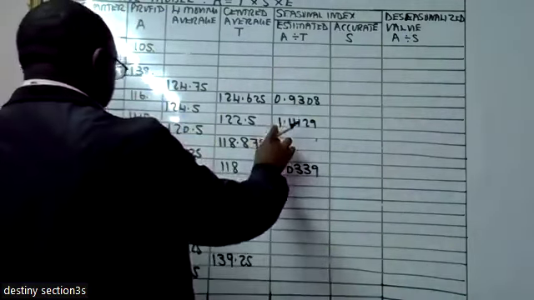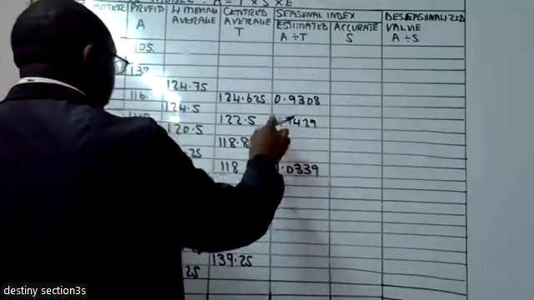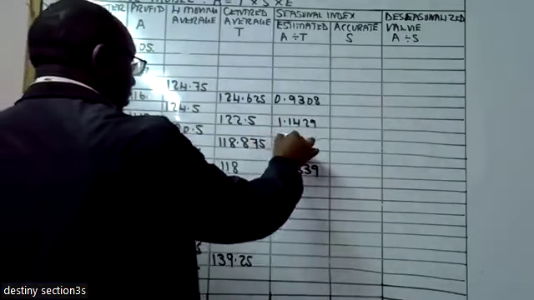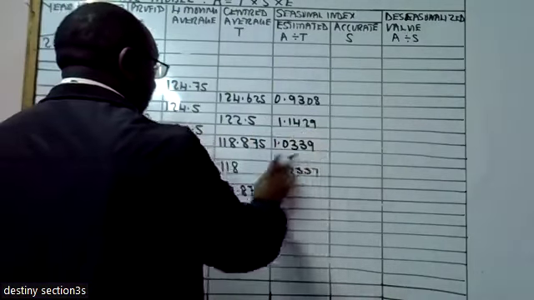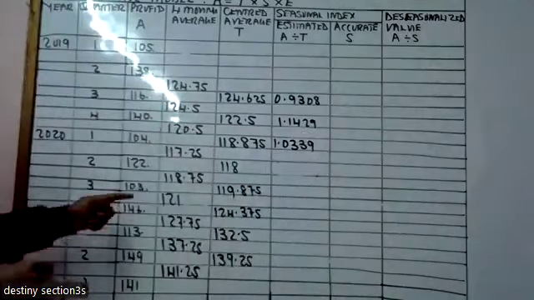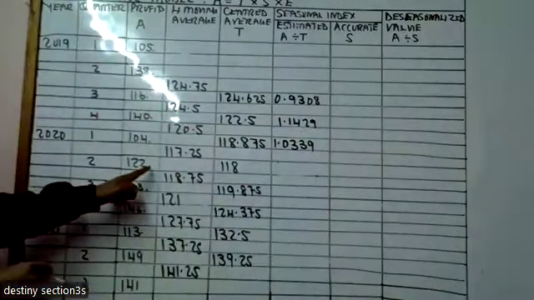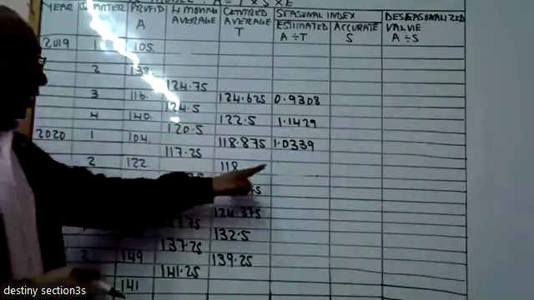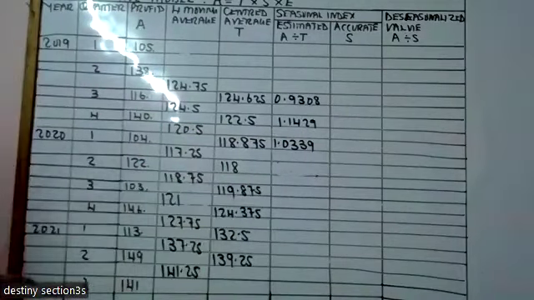I hope we have kept track. That's all, Beatrice. Okay. Now we are at 122 divided by 118. Give me.